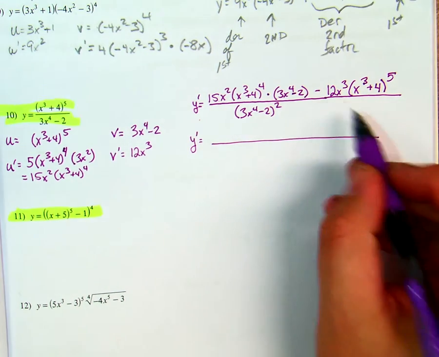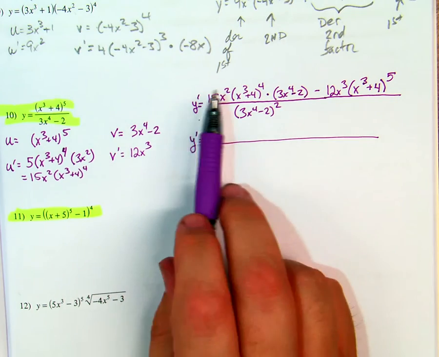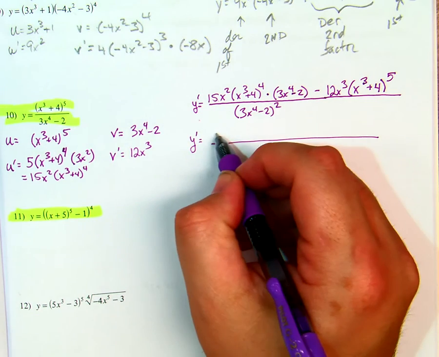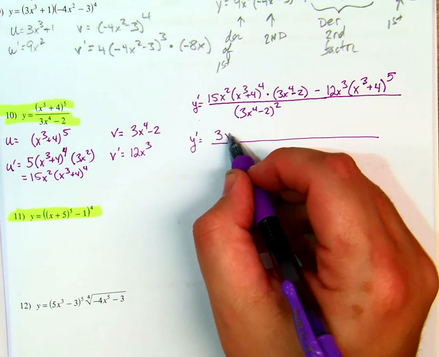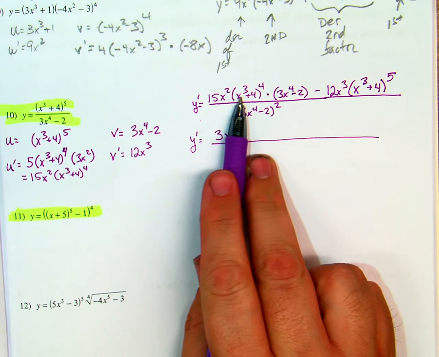15 and 12, what's the common factor? 3. X squared and x cubed, what's the common factor? x squared. I have x cubed plus 4 to the 4th, and I have x cubed plus 4 to the 5th.